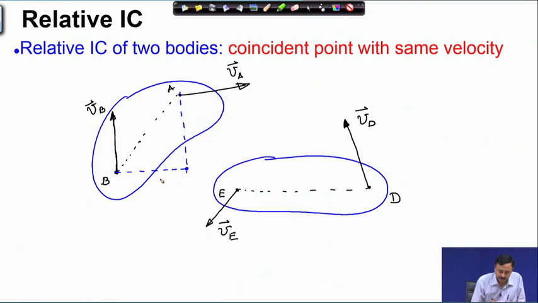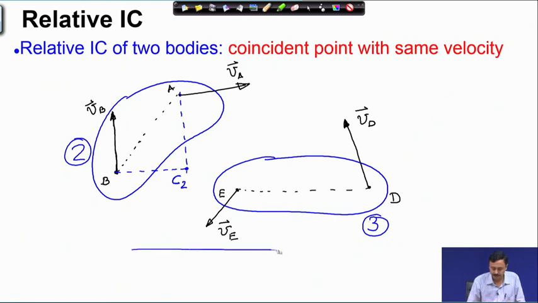Let me call it C2. Let me call this body as 2, this body as 1, this body as 3. The reason is I would like to reserve 1 for the ground.